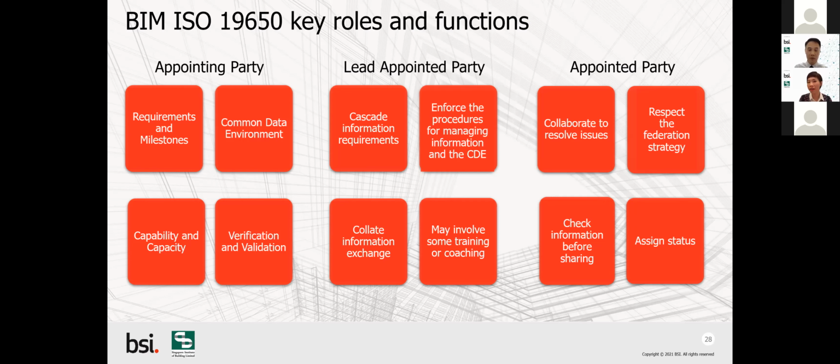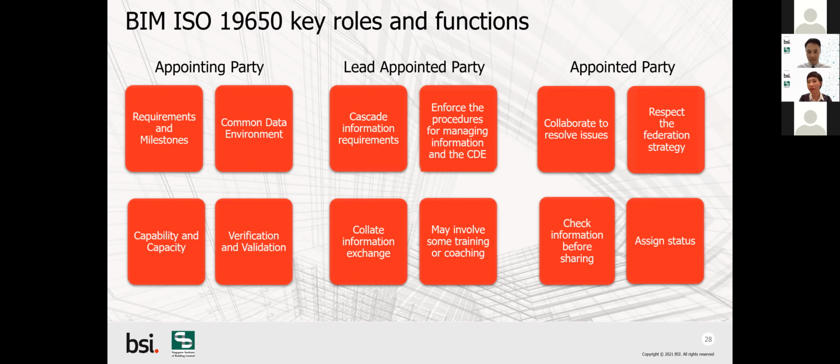With the specifiers or main contractors, the lead appointing party, a lot of 19650 is about information: how they cascade, collate and exchange it, whichever way. It's all about handling information in a CDE environment, ensuring any challenges in the CDE are taken care of, and that everybody uses the CDE as a means of executing and maintaining the information.